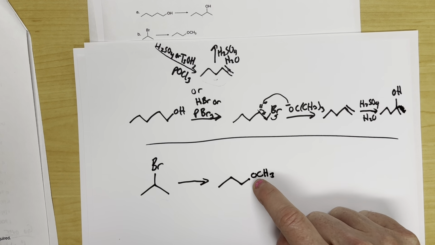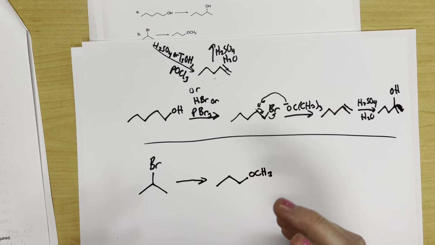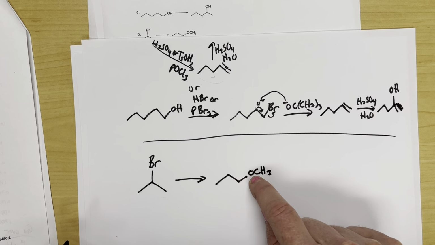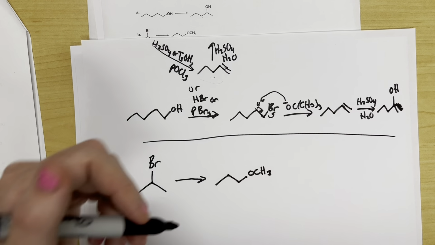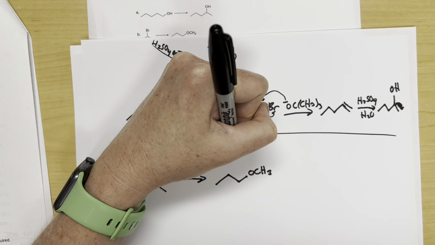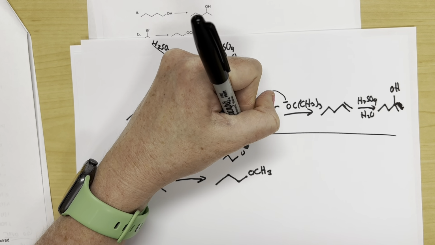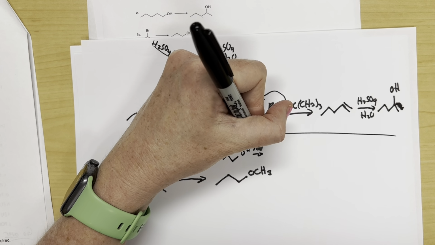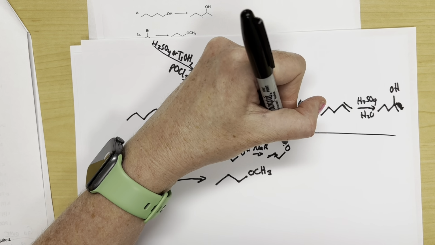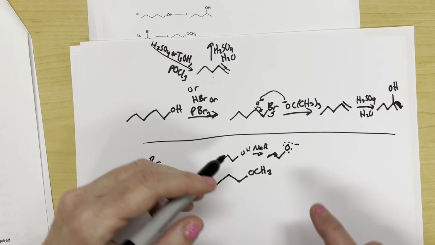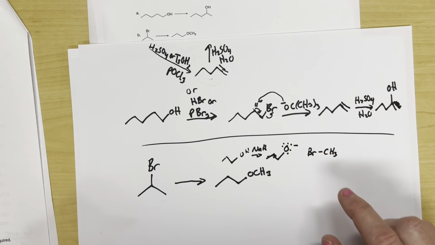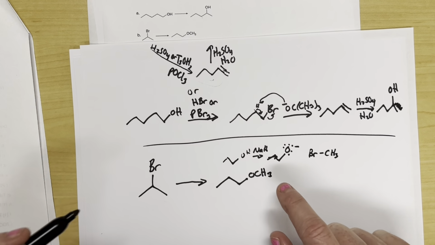If we can get some kind of O negative on here, an alcohol on the primary carbon, and react it with NaH, we can get an O negative, and then we can take a methyl bromide, and this will attack that carbon, and that's how we can get this.